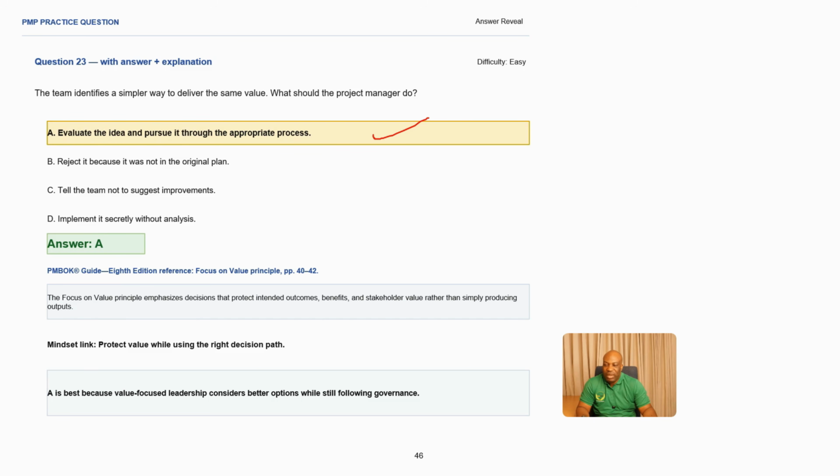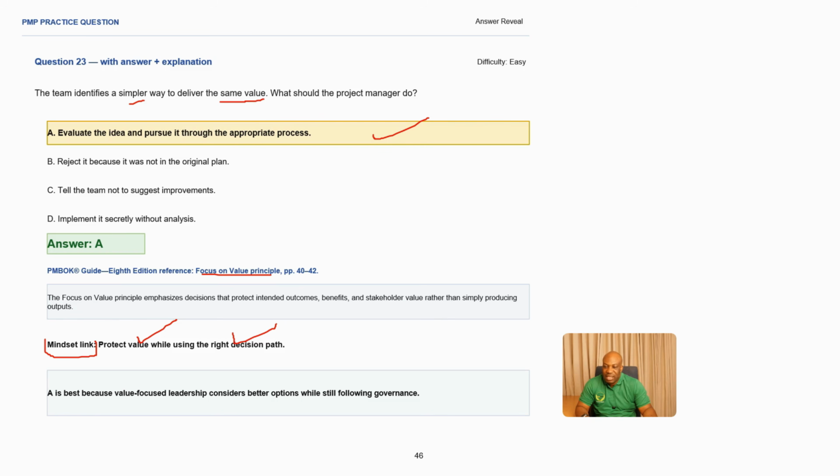So evaluate the idea and also pursue it through appropriate processes. Get to know more about this idea from the team because it's going to give the same value, it's just a simpler way to do it. So you need to evaluate, understand it, and then allow the team to proceed. So what is our reference here? Focus on value, okay, principle. All right. The mindset that we're using to eliminate some of these answers is you need to protect value while using the right decision path.